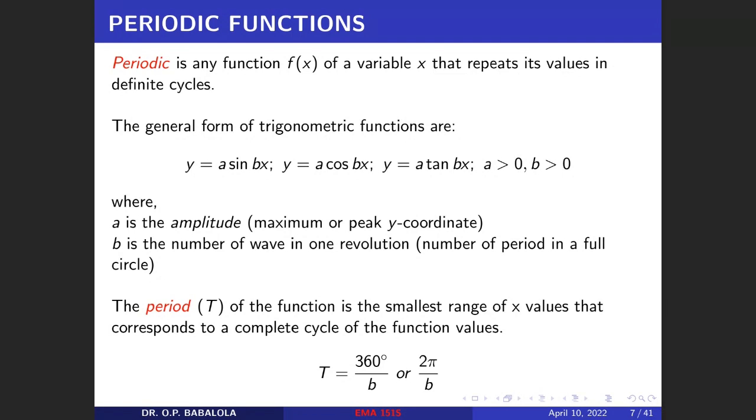This b can be 1. For instance, if you're given y equals cos x, what is the amplitude in this case? Can someone tell me what the value of your A will be? From this equation, A is 1. Thank you, Mazibuko. Then what is B? Can someone tell me what the value of B is from this equation?